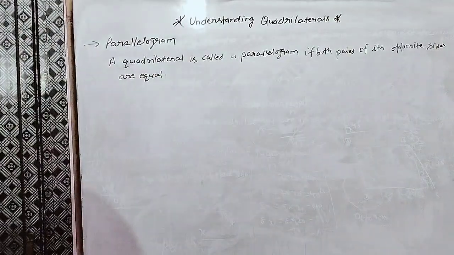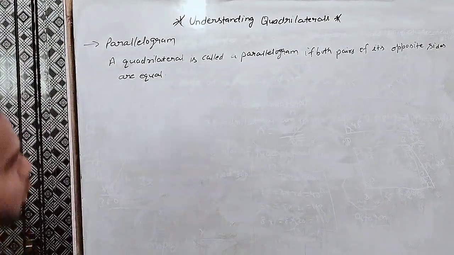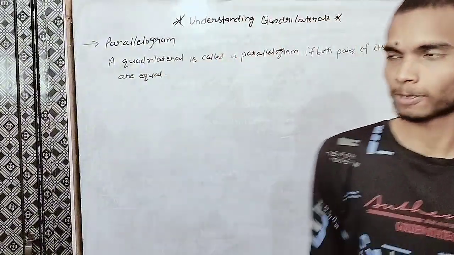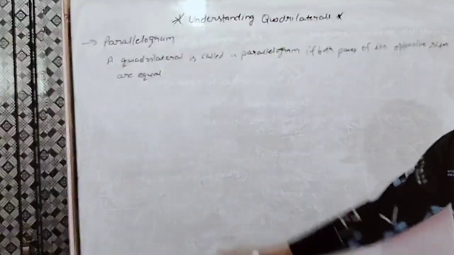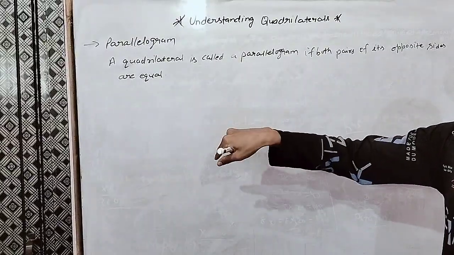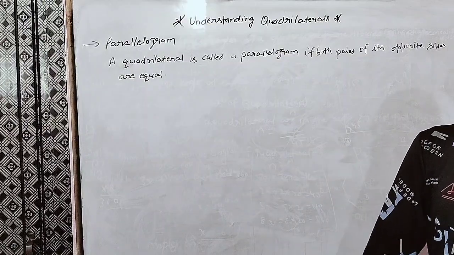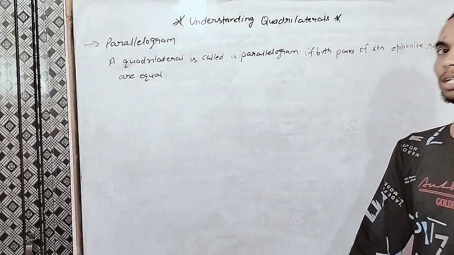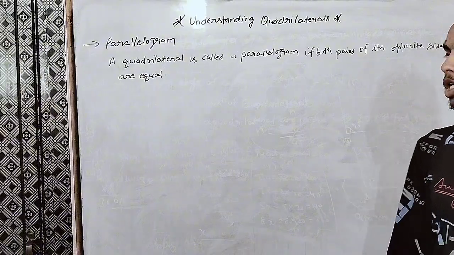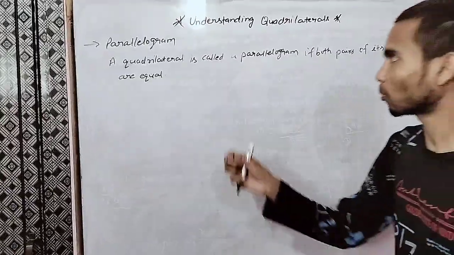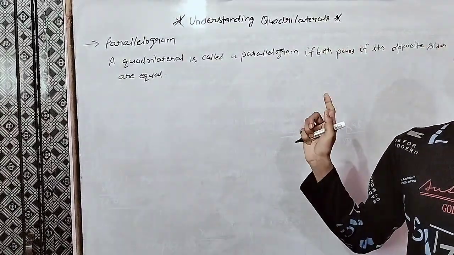Try to understand it. It is very simple, I am telling you. First of all, a parallelogram is already a quadrilateral, and we are in the context of quadrilaterals. We are going to discuss the types of quadrilateral. So a parallelogram is already a quadrilateral.